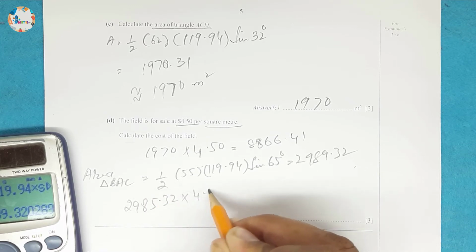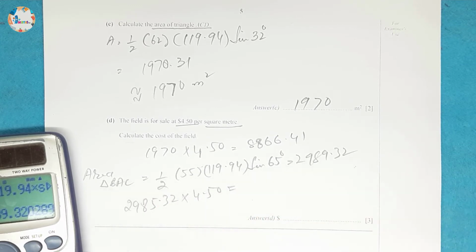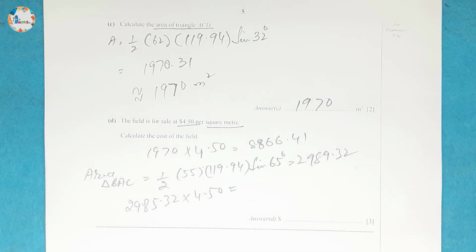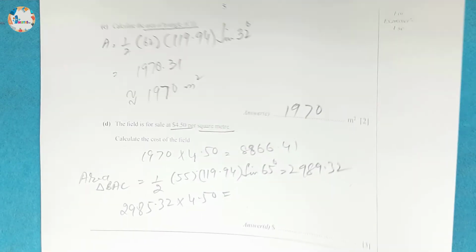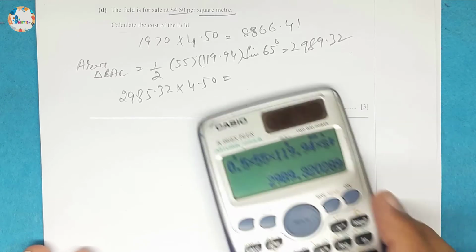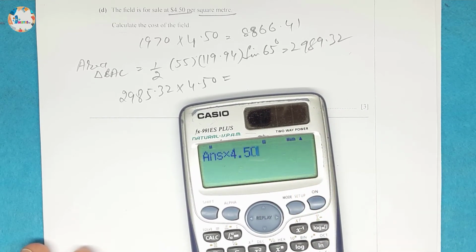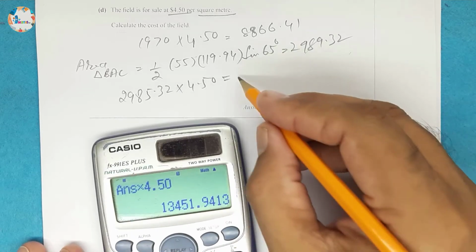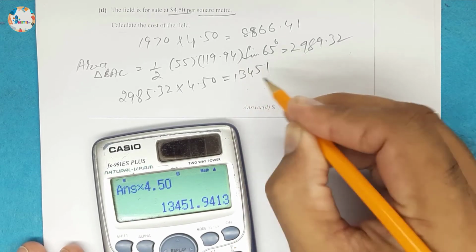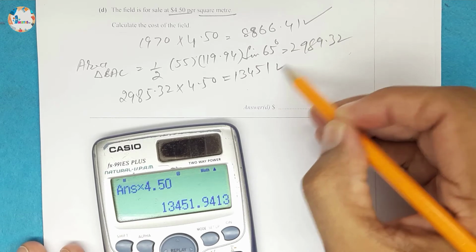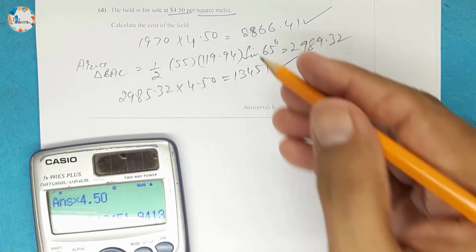So 2989.32 multiplied by 4.50, and this will be equal to, I'll move the page a little above over here. So this one multiplied by 4.50 will result in 13451. Now this and this we have to add up, because these are the total costs.